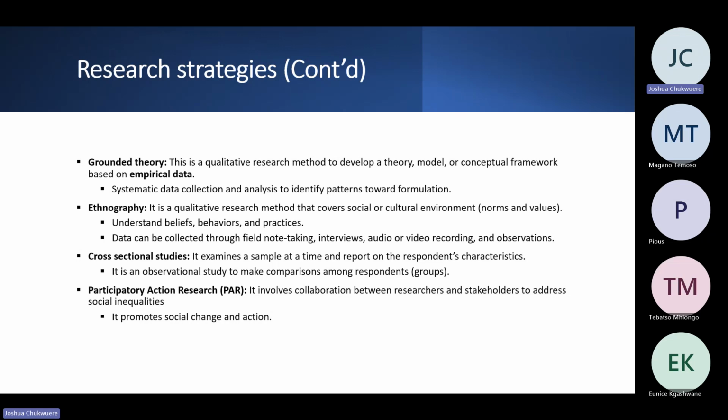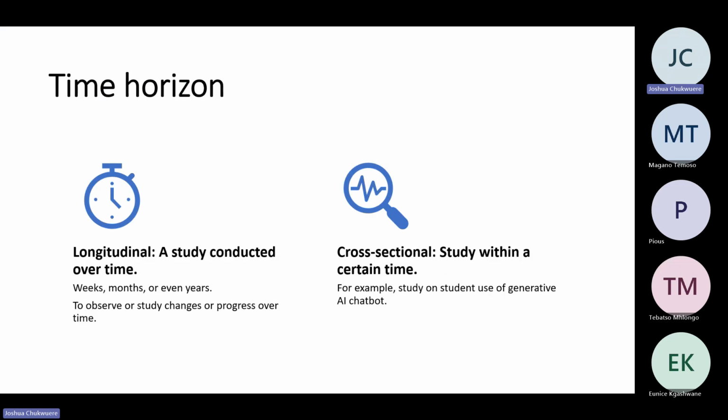So which kind of research do you fall in? It's you looking at the topic you have, what you want to achieve in that topic, and the kind of respondent you are looking for that will enable you to make a choice on research strategy. Any question, guys?